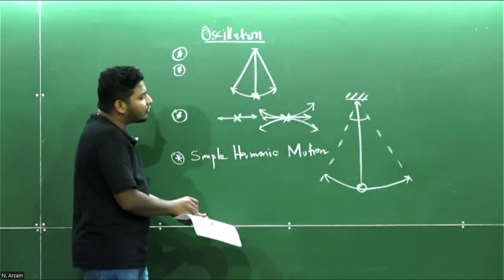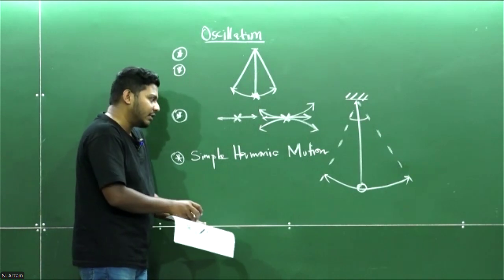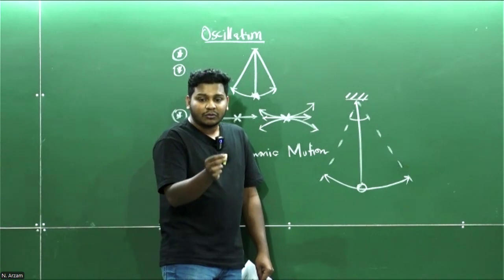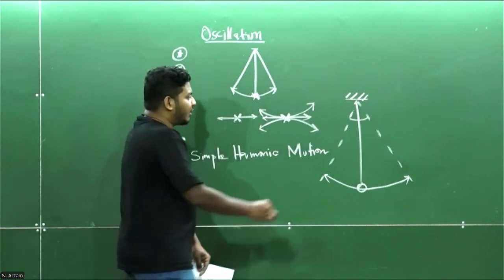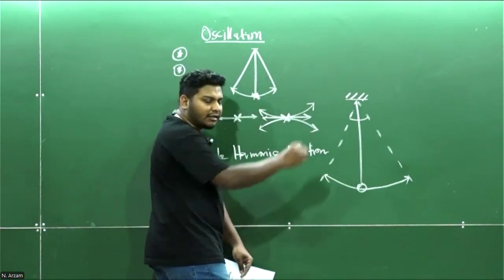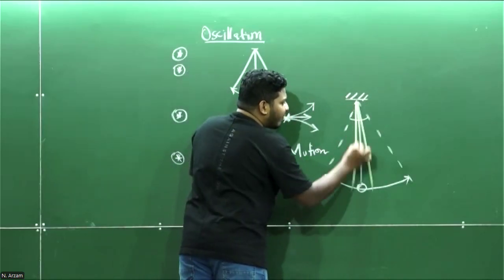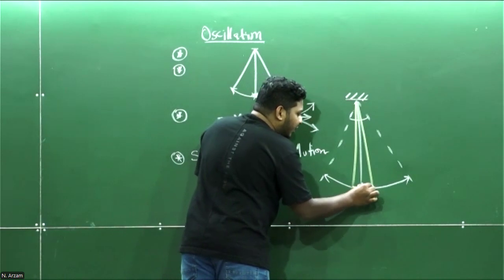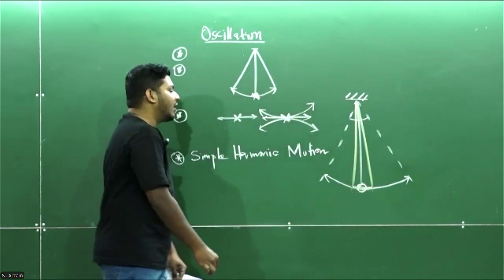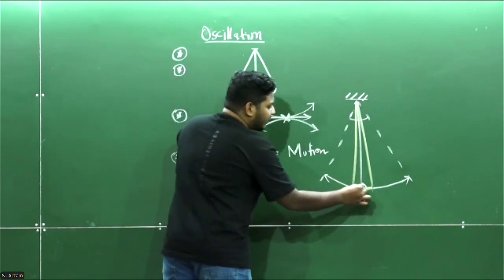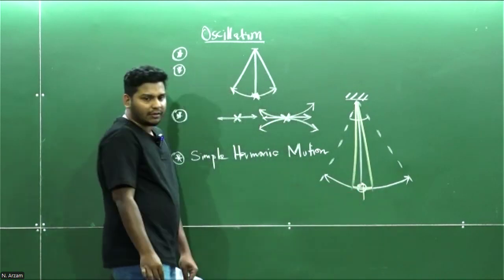If we want to make this curved path into a straight line, we want to reduce the angle here. You can watch the recording; in the last class, I clearly explained. When you reduce the angle, the motion is something like this. Now it is in a straight line, and this is the fixed point. So we know this is a simple harmonic motion.